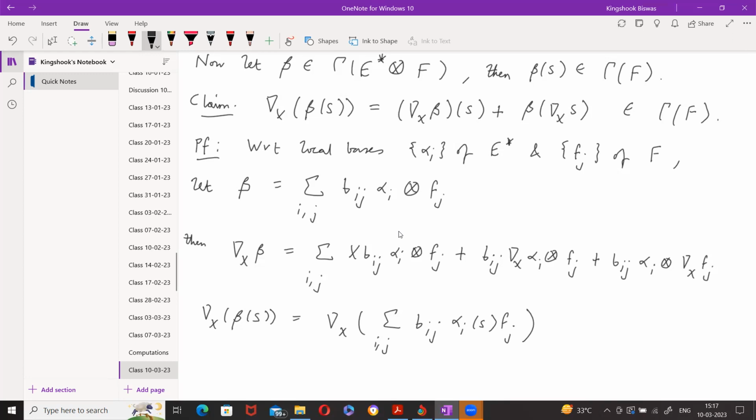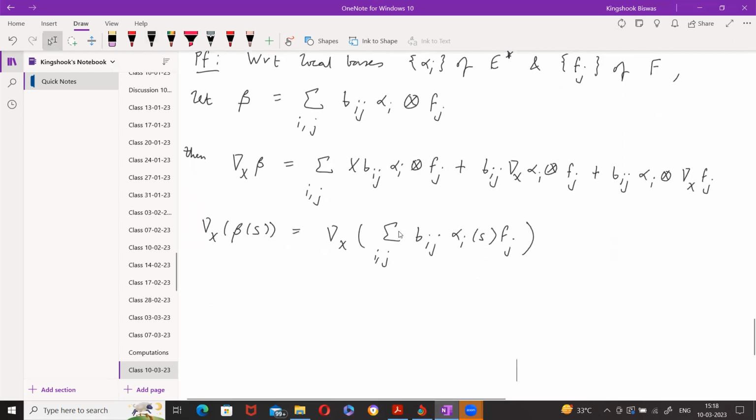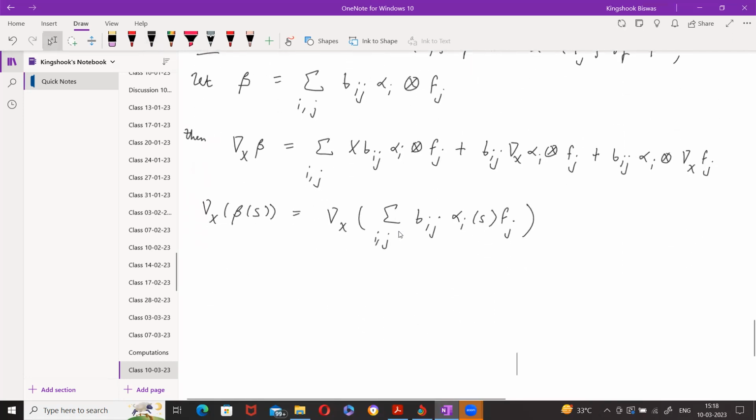So this is a scalar, this B_ij into alpha_i of S, and this F_j is a vector in F, okay? Now this nabla is a connection. This is a section of F.